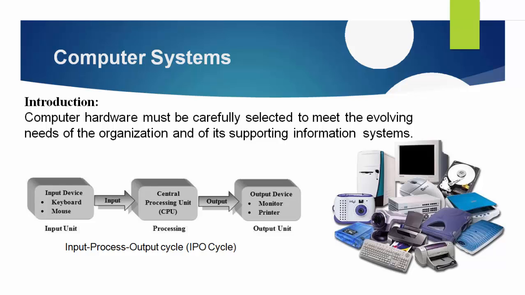When you give information to the computer, it is given only by input devices like the keyboard. If I want to give the information 2 plus 3, then 2 plus 3 is my input to the computer.